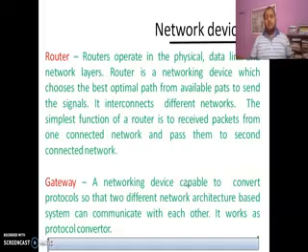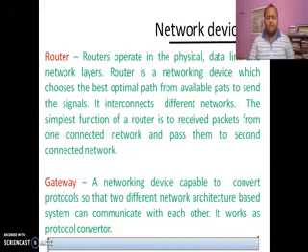Now what are routers? Routers work across the data link layer, physical and network layers. Friends, there are models called the TCP/IP model and the OSI model, Open Systems Interconnection, in which 7 layers are defined.